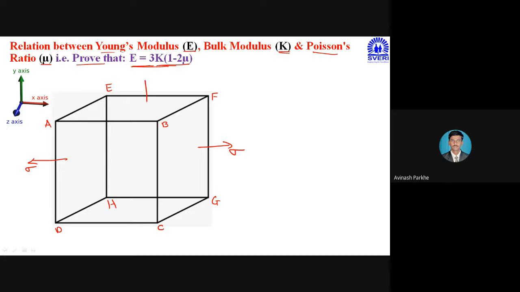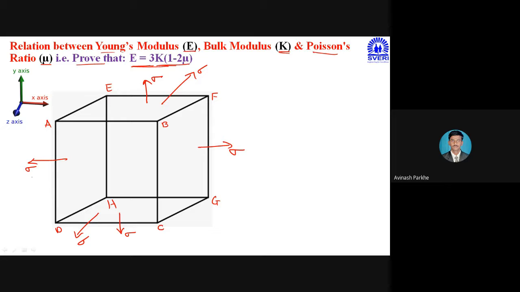Similarly, one stress is applied in the y-axis. This is sigma, and in the third perpendicular direction, sigma in z. Here we have considered a cube ABCDEFGH which is subjected to stresses in all three directions.